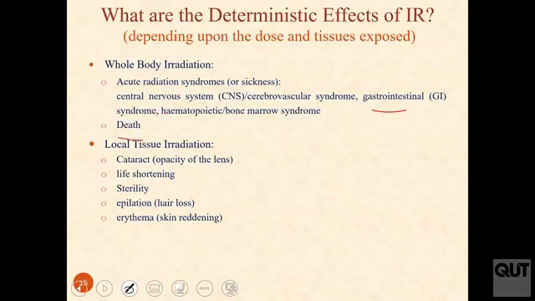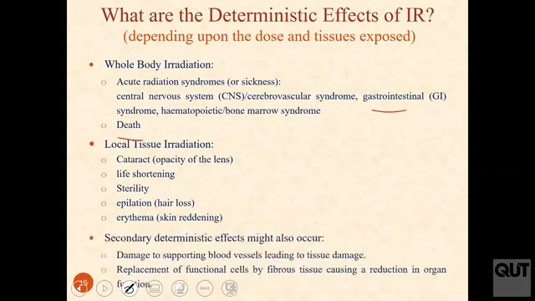Local tissue irradiation leads to local effects such as cataracts, life shortening, sterility, epilation, that sort of stuff. Secondary deterministic effects might occur, such as damage to supporting blood vessels, which leads to tissue damage.